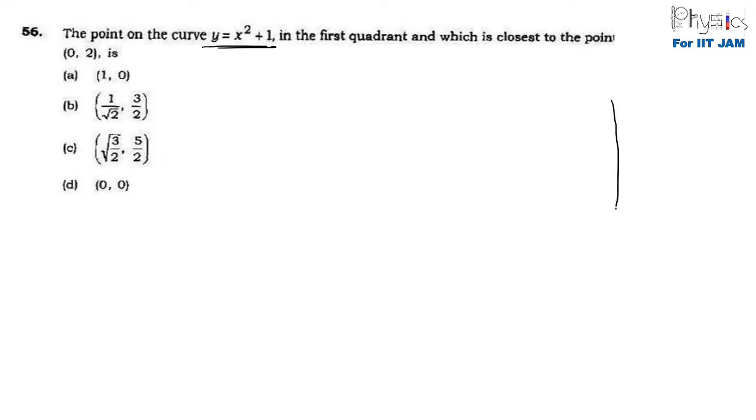If we draw this curve, how should it look? See, if we put x equals 0, we have y equal x square plus 1, so we get y equal 1, right?